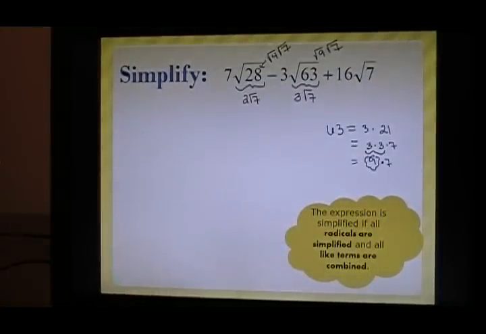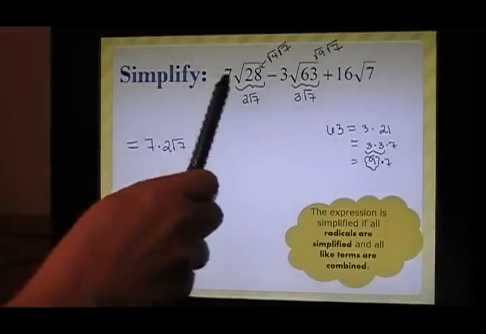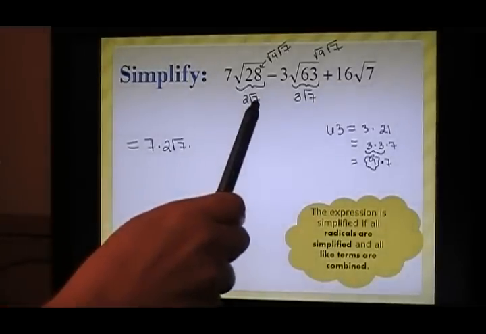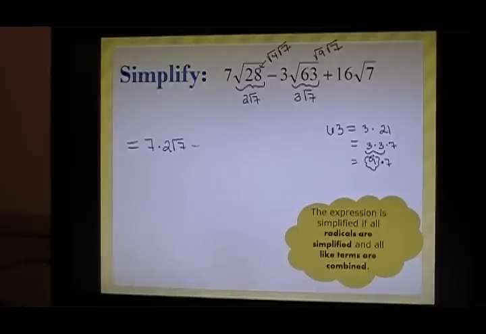So rewriting the beginning expression with my radical simplified, I have 7 times 2 root 7, minus 3 times 3 root 7, plus 16 root 7.